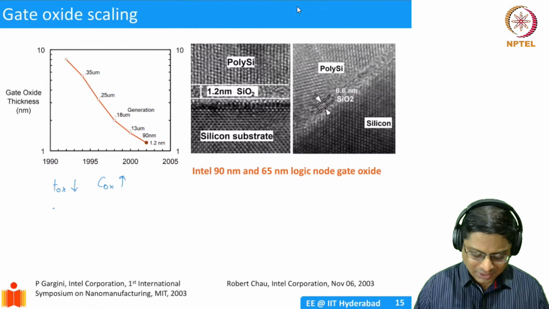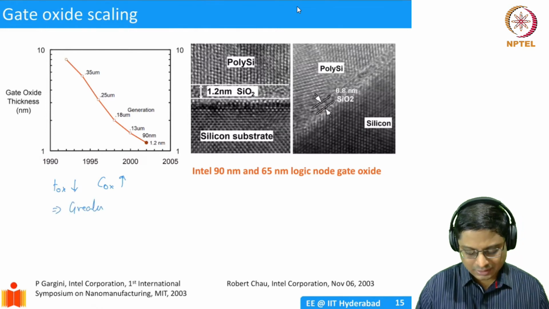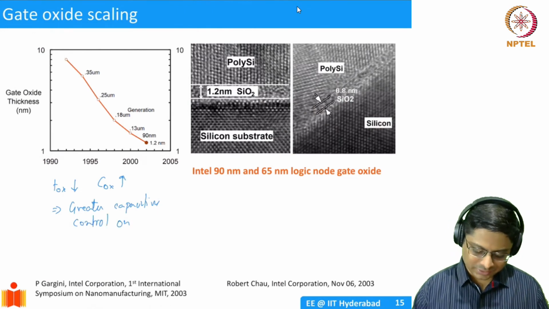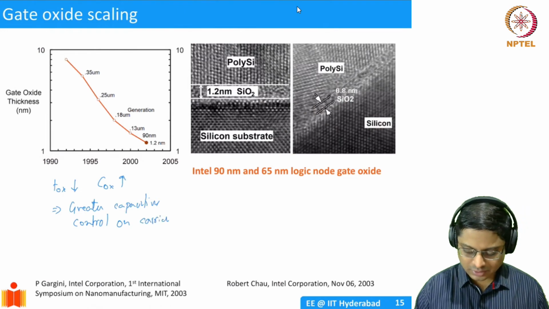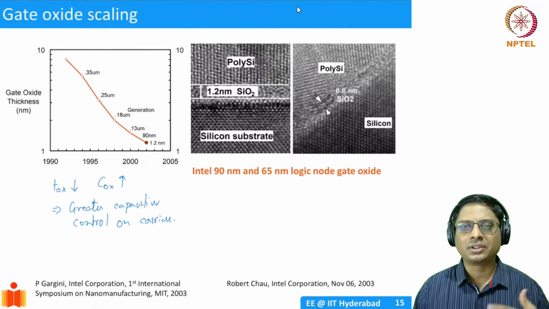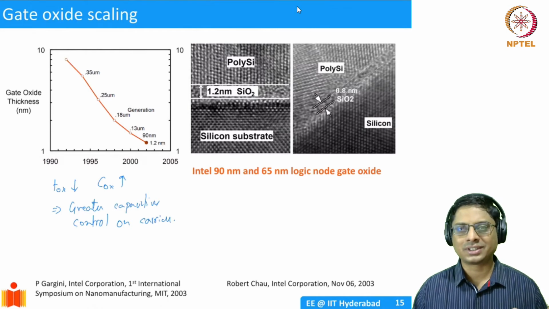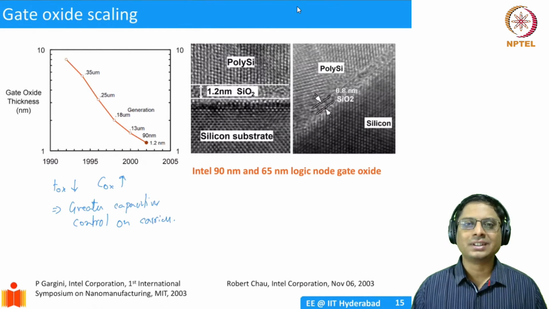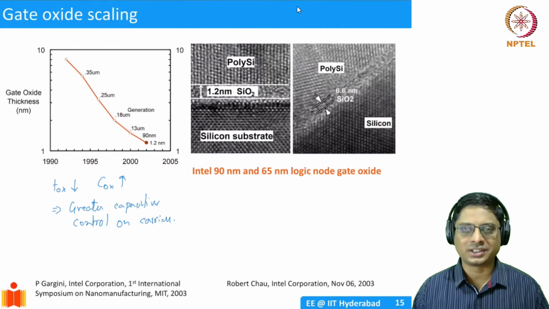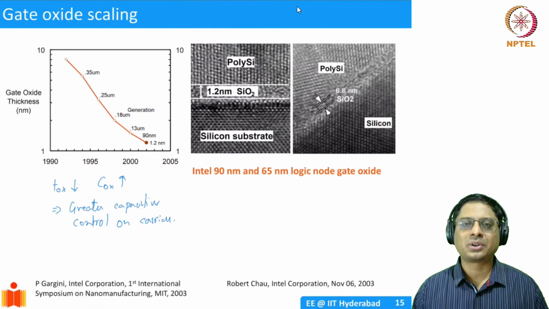This implies that you have greater capacitive control on carriers. From next week we are going to talk about MOSFETs, which are devices where you switch current off and on. You want a very strong control on that, not a weak control.